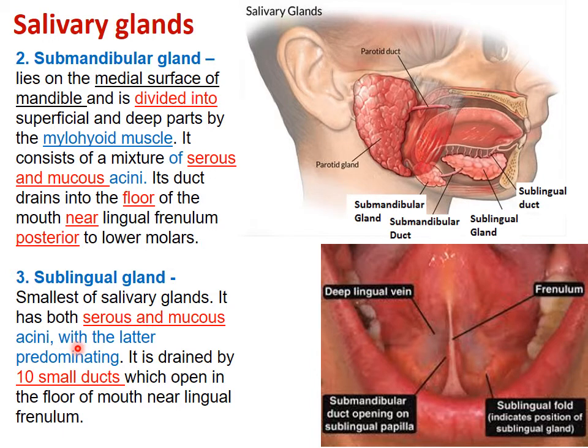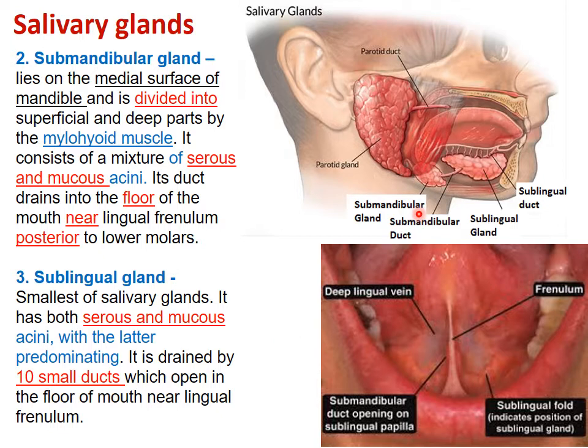There is a ductal part and a glandular part, with the latter predominating. The dominant part of the sublingual gland is mucous, meaning lubrication. It is drained by 8 to 10 small ducts which open to the floor of the mouth near the lingual frenulum.